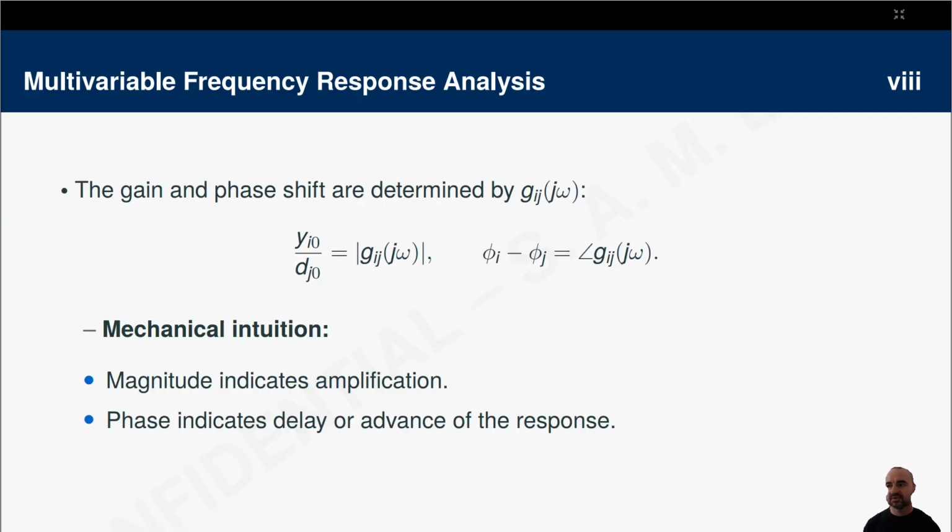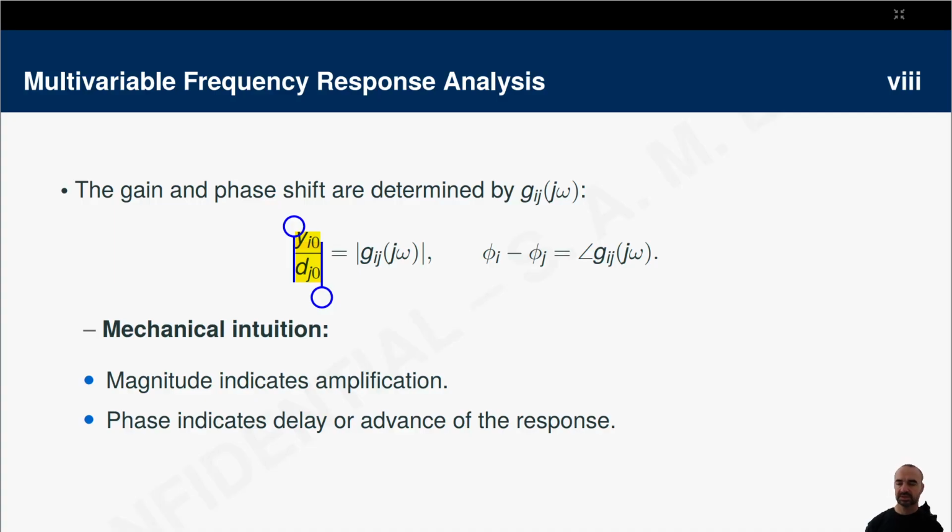The gain and phase shift are determined by small g_ij(jω). Just to remind you again, the first index i represents the output channel, and the second index j represents the input channel. So we have y_i0, the output, over d_j0, the input at channel j. The ratio of amplitudes is the magnitude of g_ij(jω).